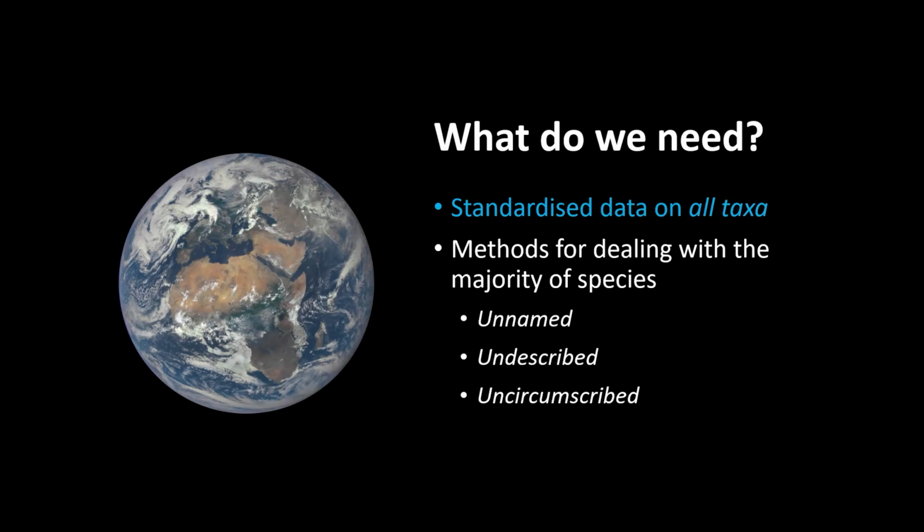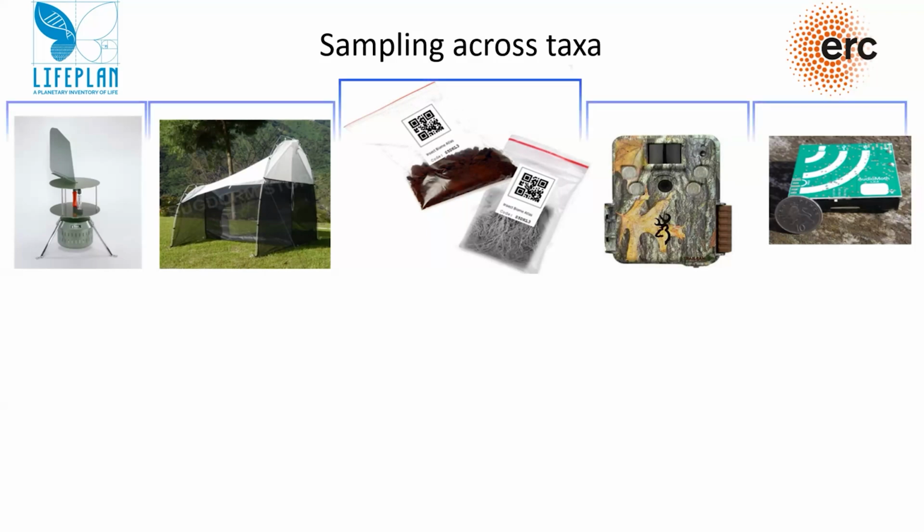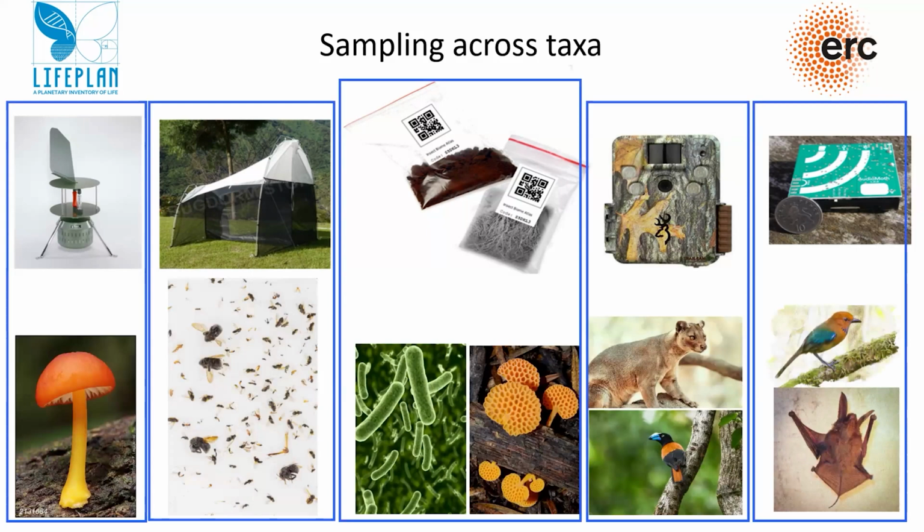Bess and Otso already talked about the idea that we need standardized data on all taxa. That is why we have designed these different sampling approaches to target the groups where we know most of both the known and the unknown diversity is.